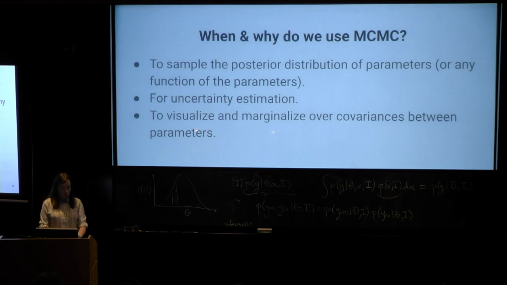We'll go into a little bit of an example on this in a bit, but the exercise you were doing yesterday with fitting a line to data was one example here, where the slope and the intercept are correlated parameters. And by using the MCMC, you can really visualize that and see it and marginalize over it.